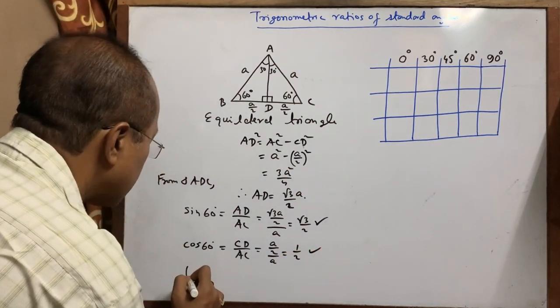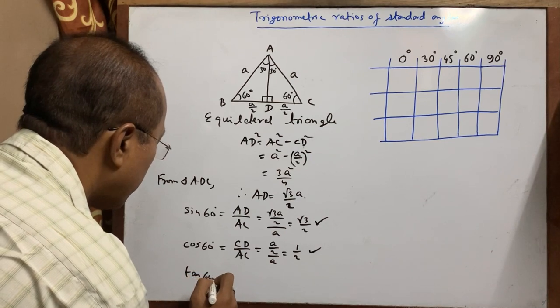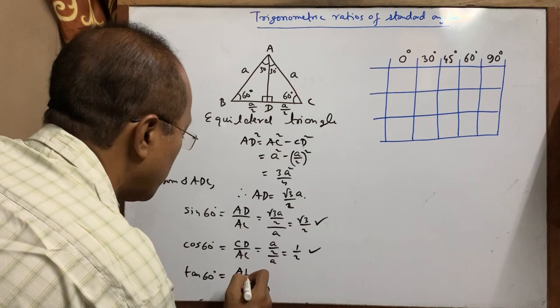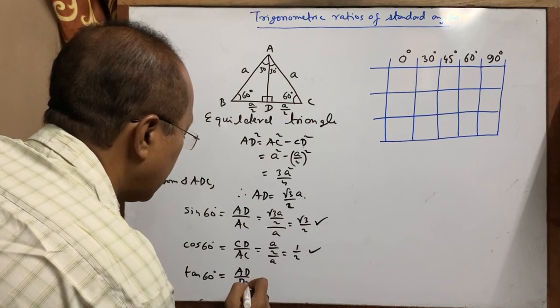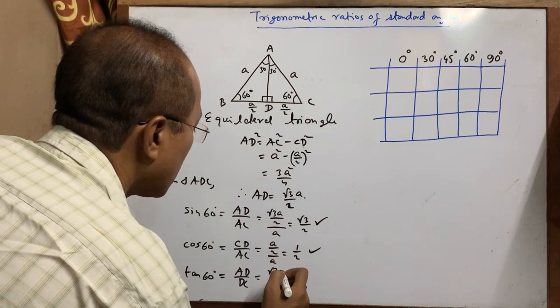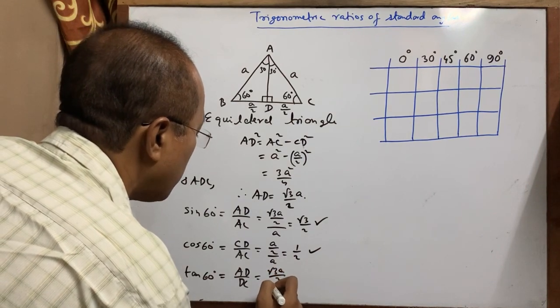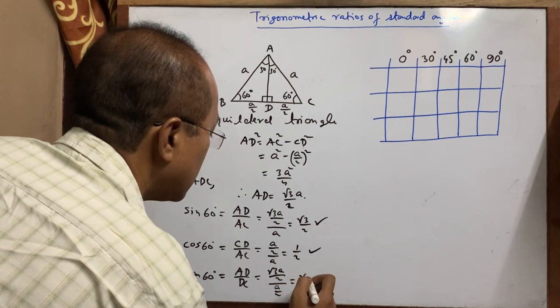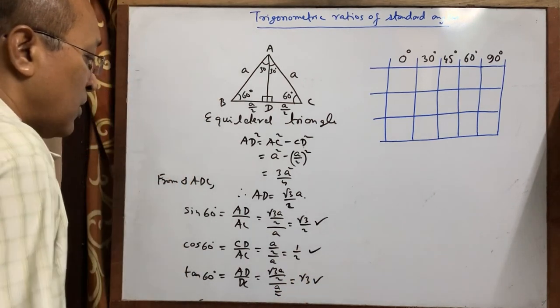And similarly tan 60 means perpendicular by base, that is here it would be AD by DC, that is root 3a by 2 and a by 2. Ultimately this one is root 3.